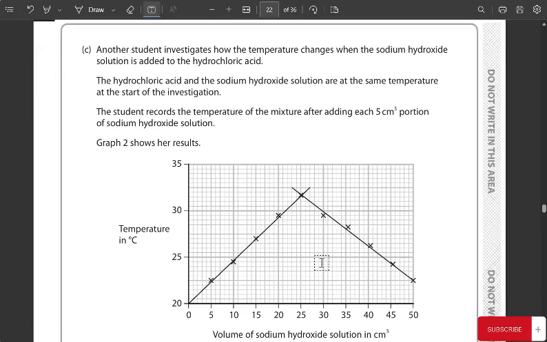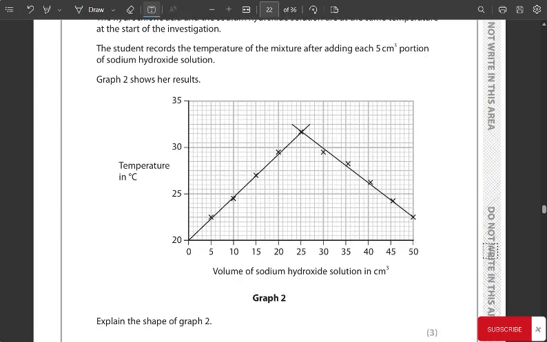And C1. Another student investigates how the temperature changes when the sodium hydroxide solution is added to the hydrochloric acid. The hydrochloric acid and the sodium hydroxide solution are at the same temperature at the start. The student records the temperature of the mixture after adding each 5 cm³ portion of sodium hydroxide solution. Graph 2 shows her results.